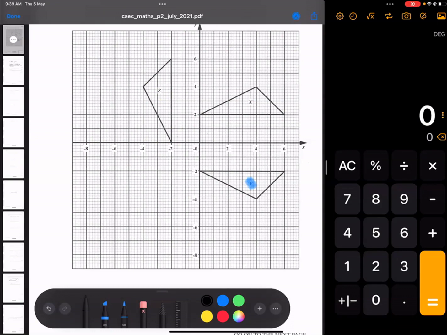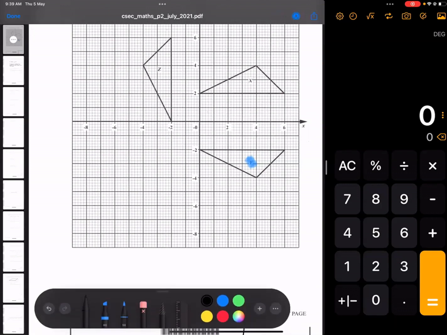So triangle Y, and we're going to use the vector -7, 1. Let's identify the points. I'm going to look at it as X, Y. For our Y triangle, the points that we have, let me just color code it. Here would be 4, -4.